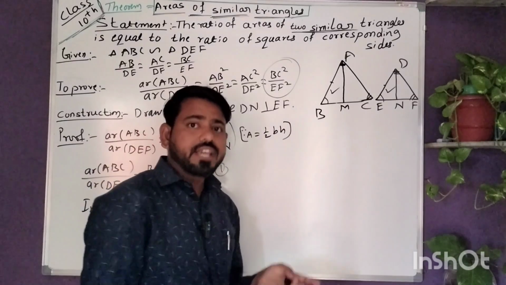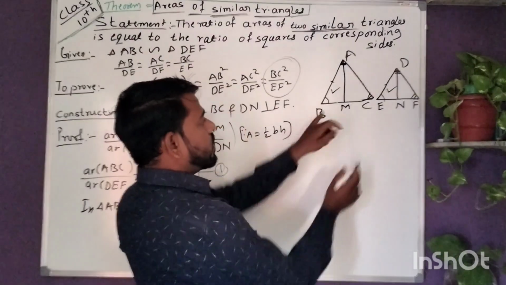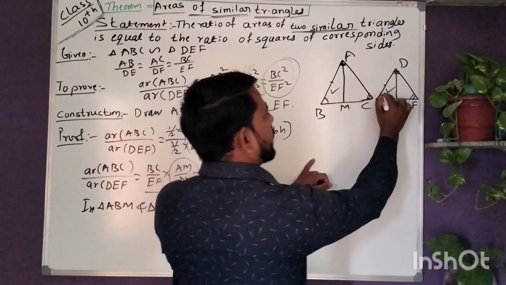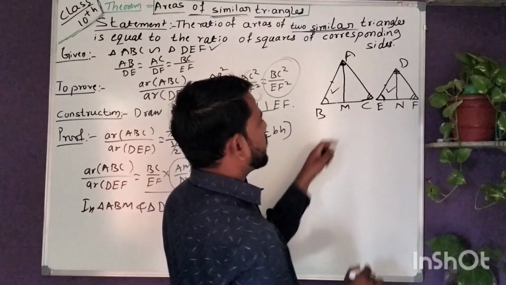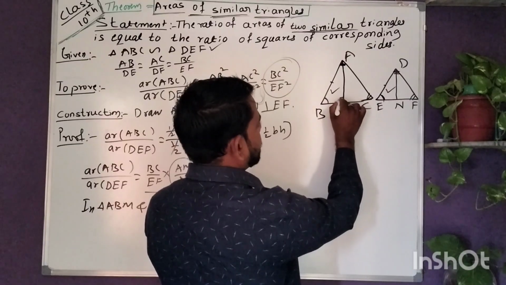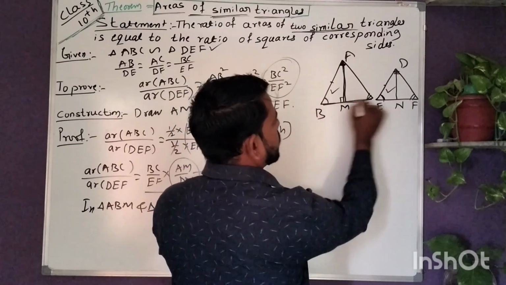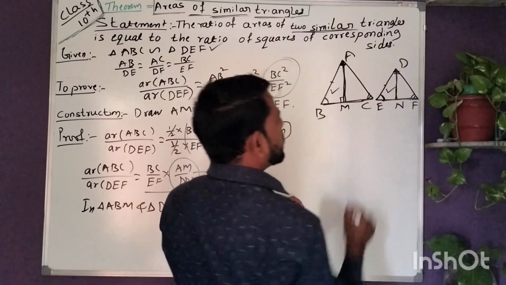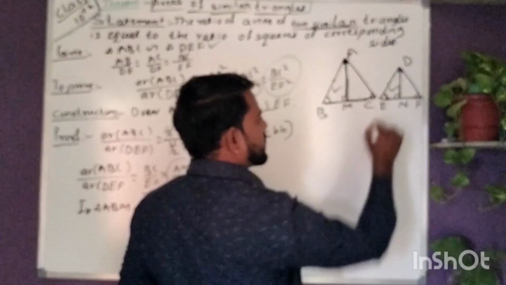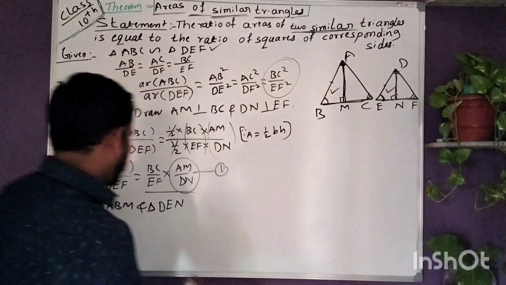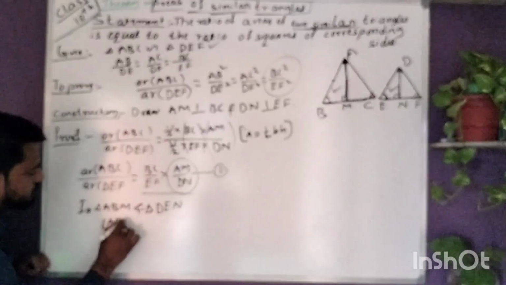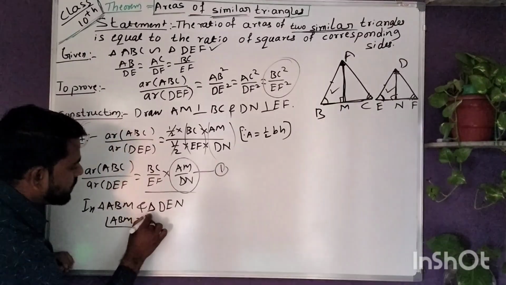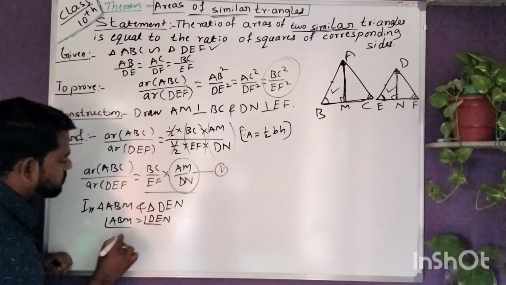Angle B and angle E are equal because the two triangles ABC and DEF are similar. We already constructed AM perpendicular to BC and DN perpendicular to EF, hence these two angles are 90 degrees.